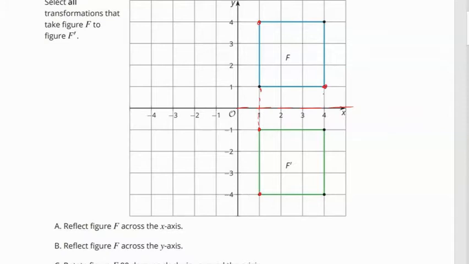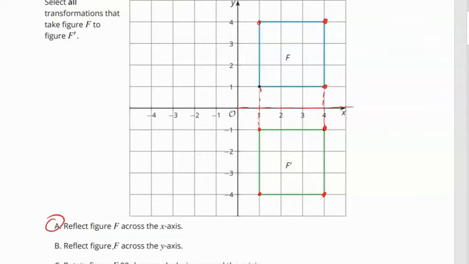This point would reflect across X, map onto there. And this corner piece right here will map over there. So yeah, that reflection would work. You would just reflect over the x-axis, and you would map perfectly onto the image F prime. So that would work.